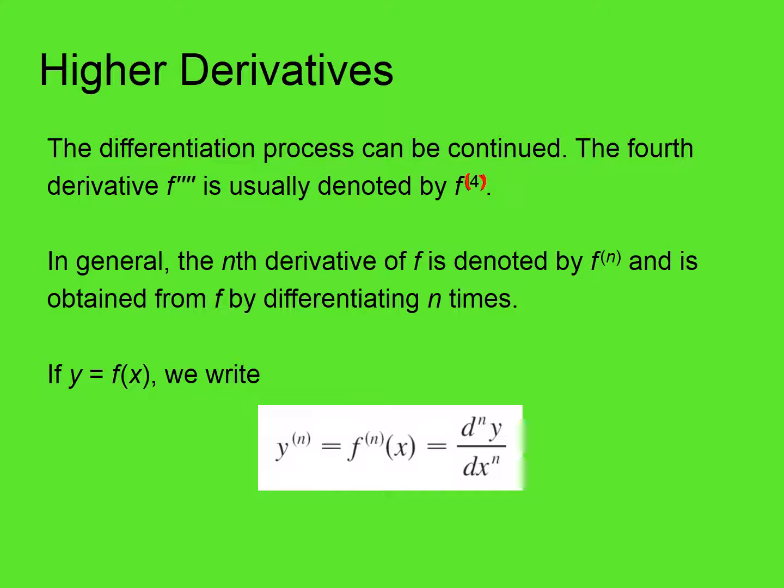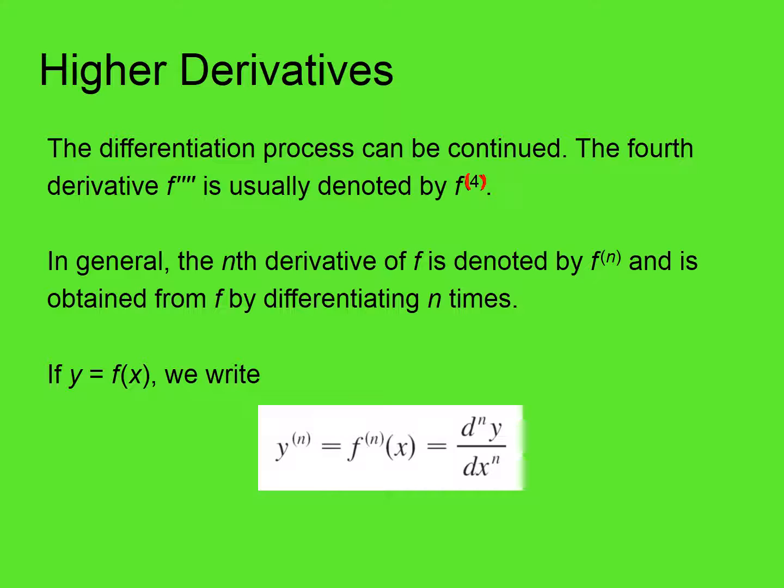In general, the nth derivative of f is denoted by f with an exponent n in parentheses, whatever n is, and is obtained from f by differentiating n times.